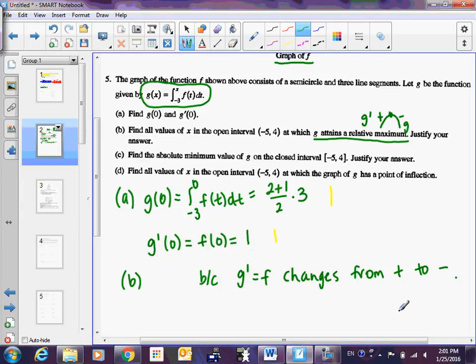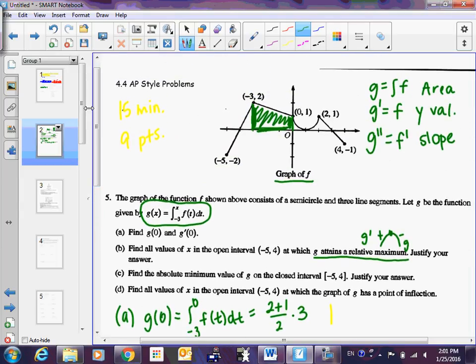So with g prime and f, are we looking at where the area changes from positive to negative, the y values, or the slope? What does our legend tell us? The y values. So where do the y values change from positive to negative on this graph? At x equals 3. The y value is positive, 0, then negative. So right there at x equals 3, that's my answer.